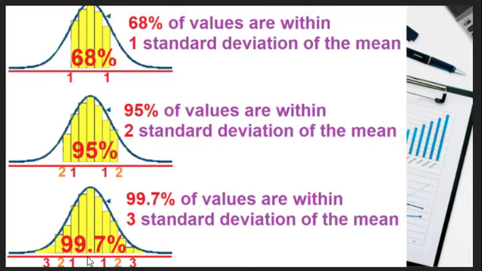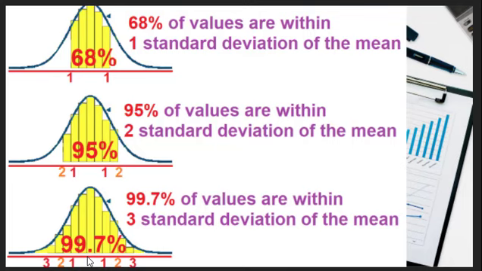So 99.7% of all products manufactured are perfect. That's about the normal distribution, which is a zero skewed distribution.